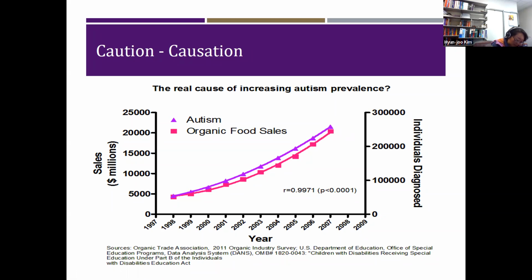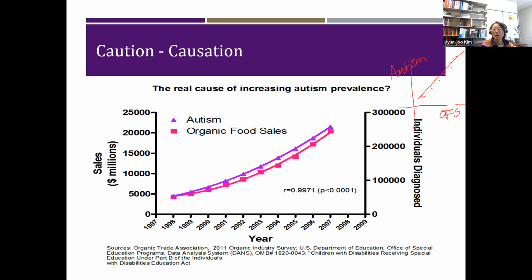If you draw organic food sales against autism, you're going to find this kind of relationship. The right interpretation is that organic food sales and autism have a positive correlation, or positive relationship.